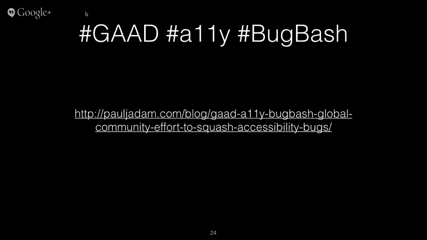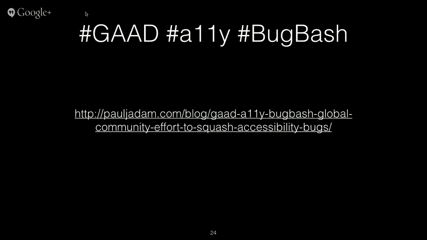But I also wanted to remind you about the Global Accessibility Awareness Day, hashtag GAAD, Accessibility Bug Bash, and that is on my blog. You can find out how you can help us create accessibility bug reports for companies like Apple and Google and Adobe and Freedom Scientific with JAWS, NVDA. These accessibility bugs cause problems in screen readers, like the bugs with the Apple Watch.